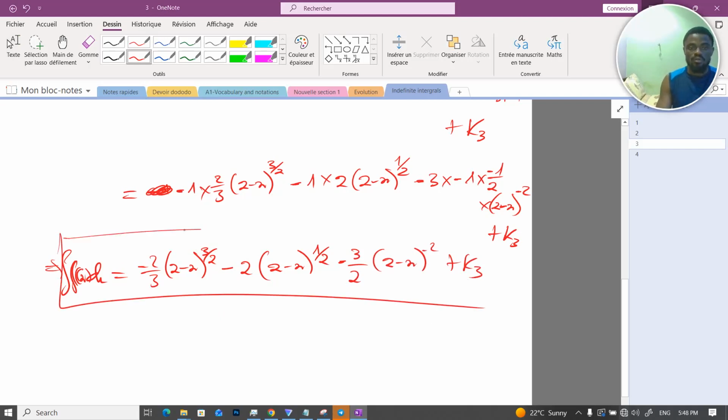So that's our primitive we just got, that's our indefinite integral.